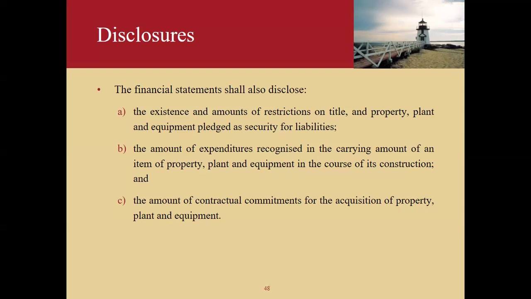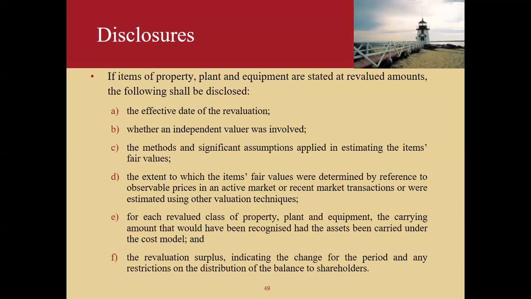Also the amount of expenditures recognized in the carrying amount of an item of property, plant, and equipment in the course of its construction, and the amount of contractual commitments for the acquisition of property, plant, and equipment.